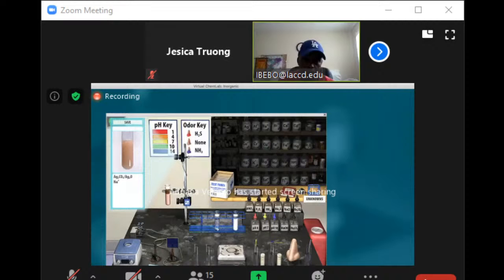Okay. So you describe what you saw, and what he's telling us here is that the solid in that particular test tube could be silver carbonate or silver oxide. And that is what you, as the student chemist, will decide: is this going to be silver carbonate or silver oxide?